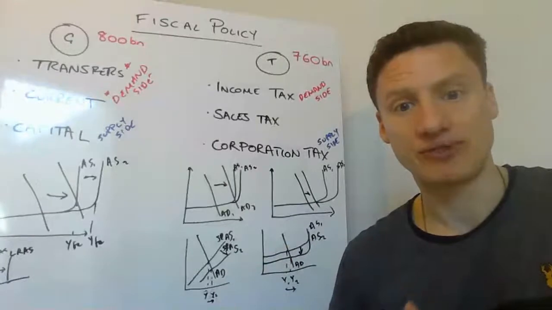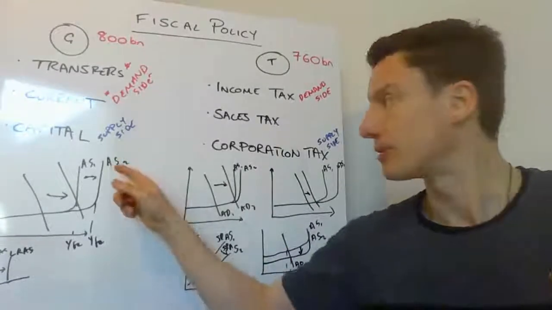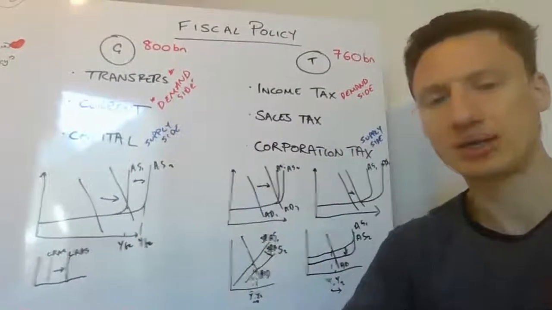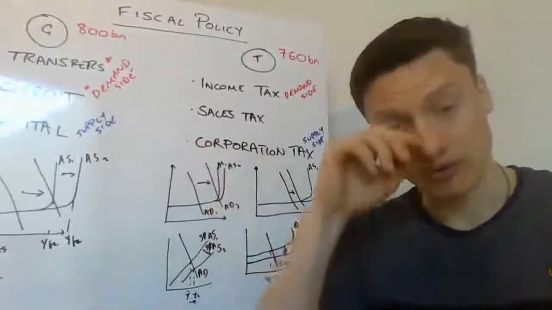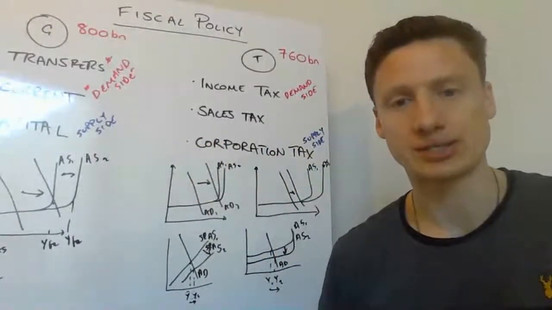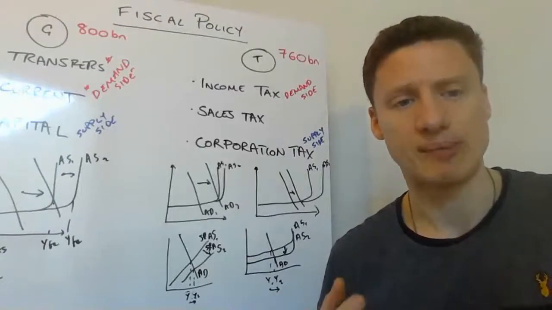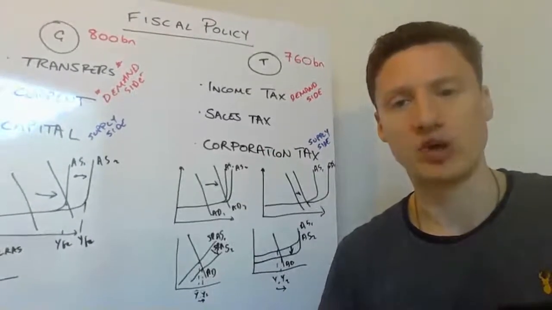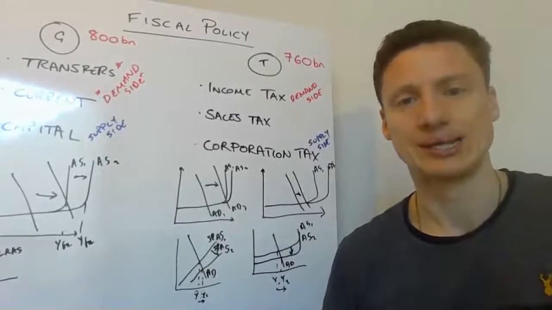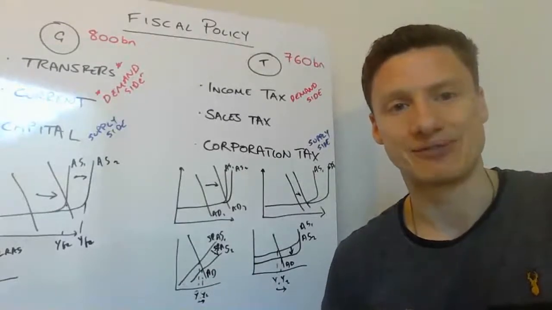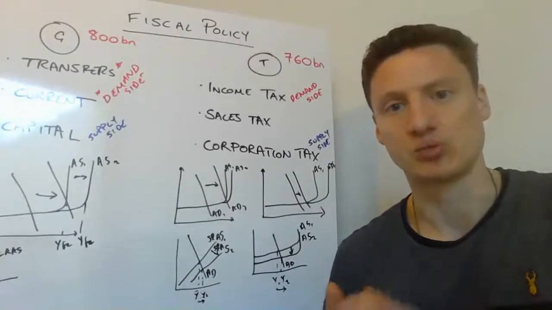Okay, they can be fiscal policies as well. They could be through G, capital spending, or they could be through T, reduction of corporation taxes, or maybe something like reduction of business rates as well. Business rates, remember, are the business equivalent or the firm equivalent of council taxes. Okay, that might also incentivize investment as well.